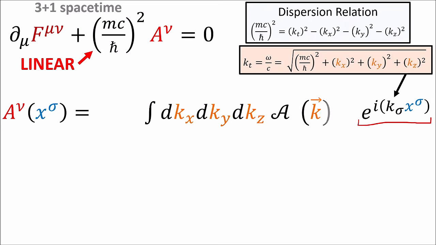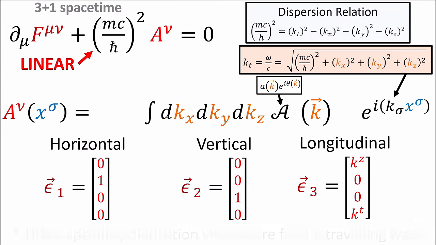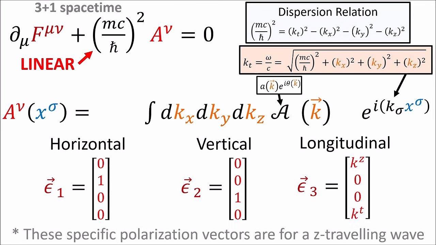So we can do an integral over all possible wave numbers kx, ky, kz, and give each one its own complex amplitude, curly a, that depends on the wave vector. This complex number includes both amplitude and phase information. And finally, each basic wave can appear in one of the three polarization vectors, which I'm denoting as epsilons 1, 2, and 3.